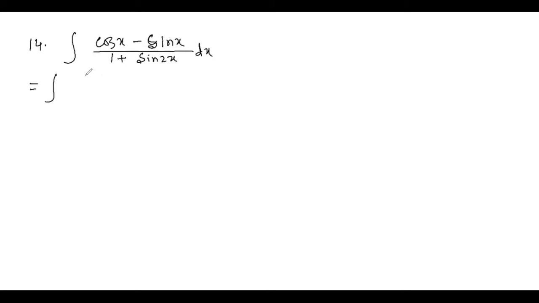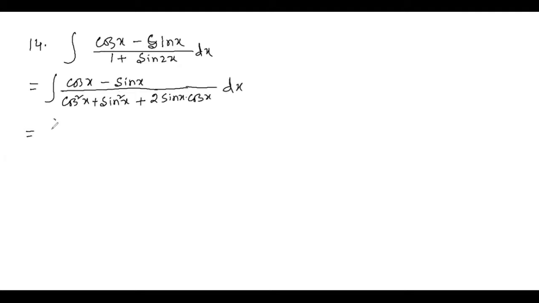Cos x minus sin x, you write it the same. 1 we can write as cos square x plus sin square x, plus sin 2x we can write as 2 sin x into cos x. So what is the formula here? Cos x minus sin x by (cos x plus sin x) whole square.